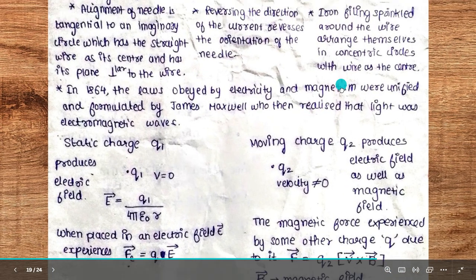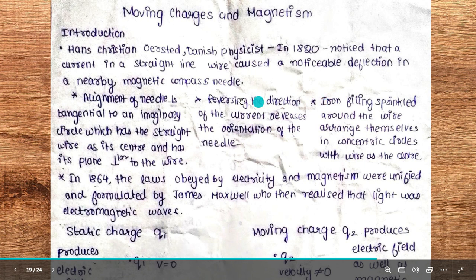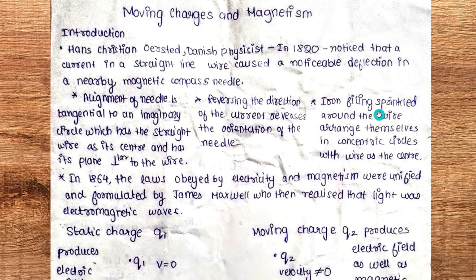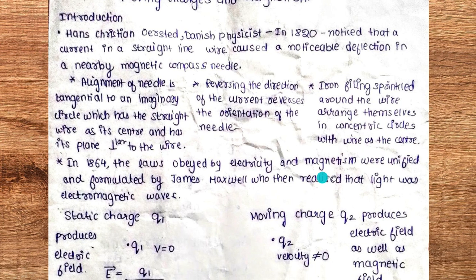Similarly, when I pass current through a straight current carrying conducting wire and sprinkle iron filings around it, the iron filings arrange themselves in concentric circles with the wire as the center, which means that the wire acts as a magnet.